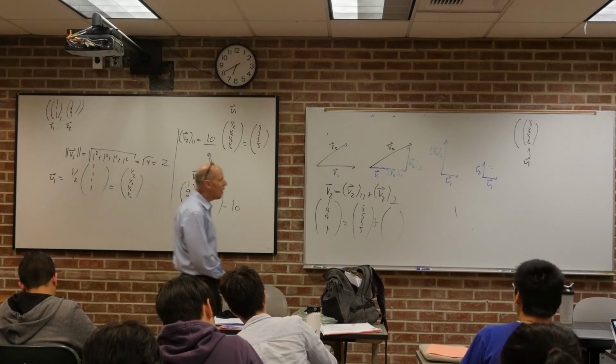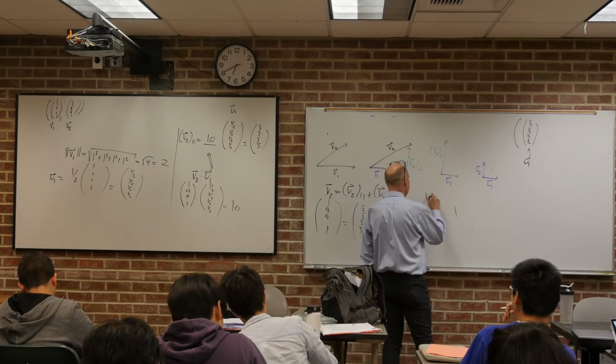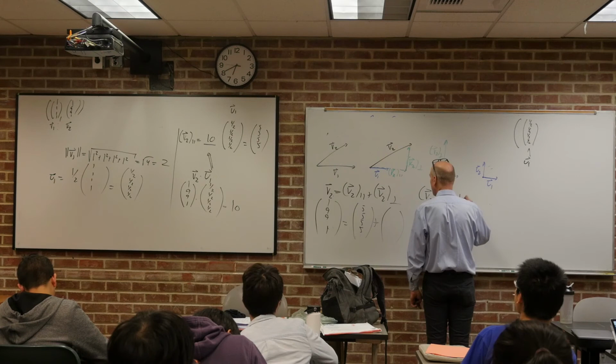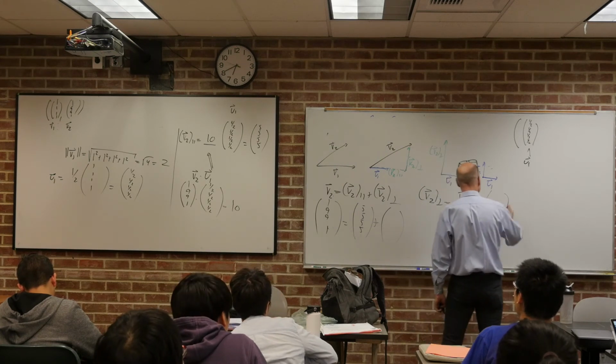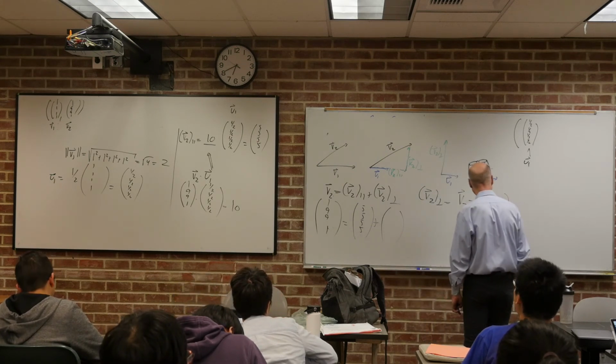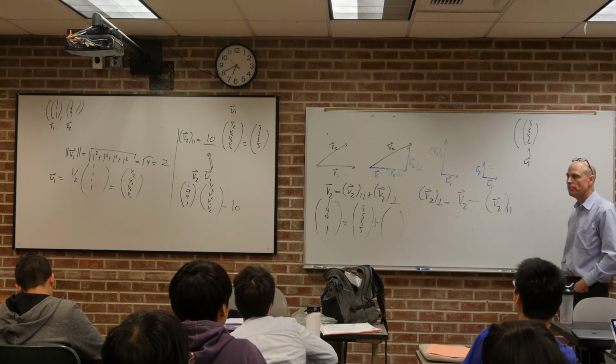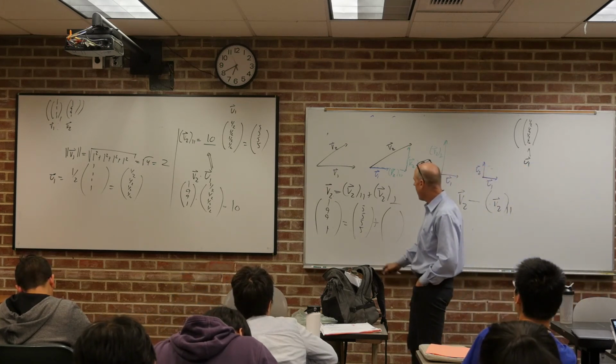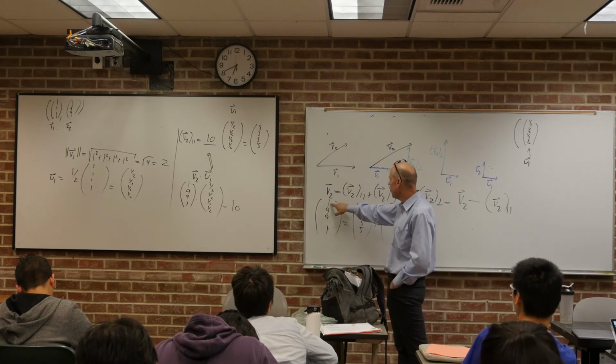Or maybe a better way to write that is, to get the perpendicular part, I do all of V2 minus the parallel part. Because when we come to the same thing, how do I turn a 5 into a 1?